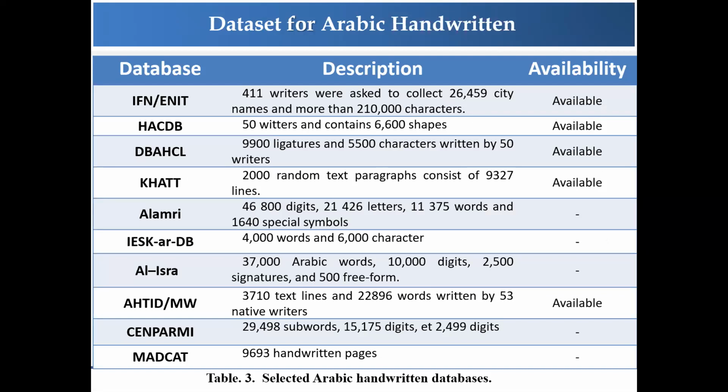I use two databases, IFN/ENIT and EMNIST, which are the most efficient and rich compared to the others, and also available for research. Another reason is that one is a database of characters and IFN/ENIT is a database containing text.